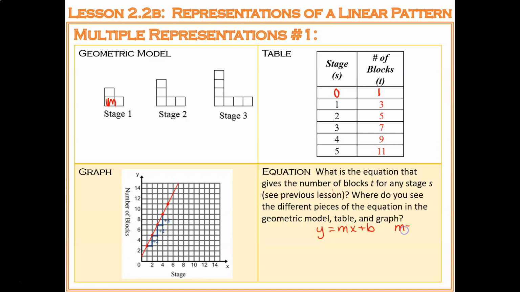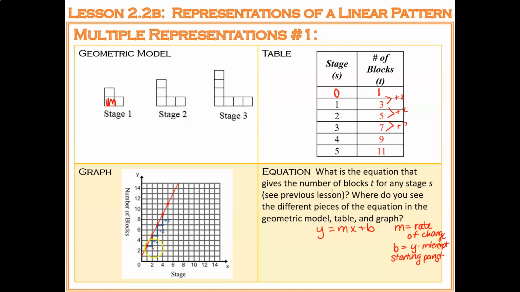So M is going to be your rate of change, and the B is called your y-intercept. I call it the starting point. It's where you start. Okay, so if we look on the table, here's our rate of change, or our M right here, because adding 2.